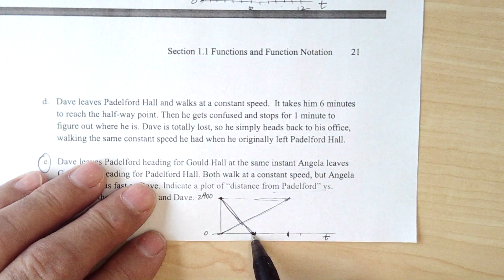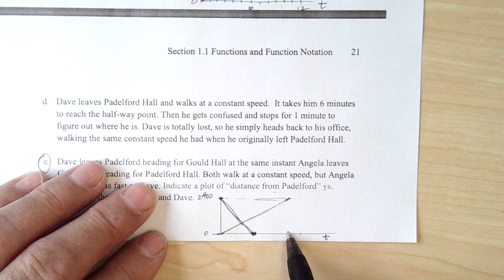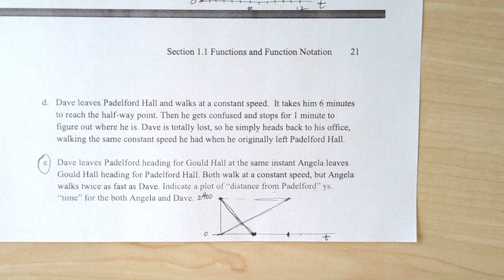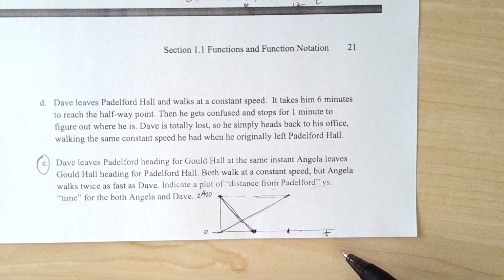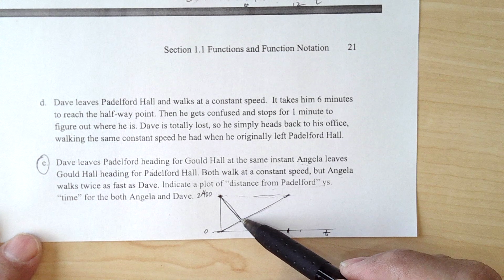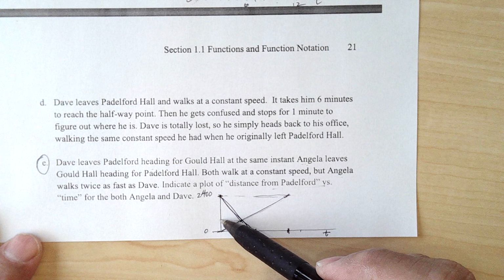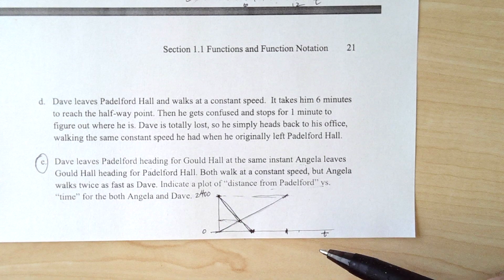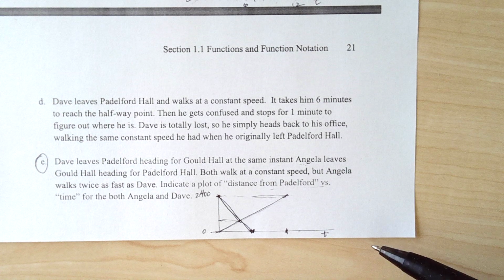If this is 12, this would be 6. If this was 24, this would be 12. This is 8, this would be 4. Half the time. So that's what the graph would look like. And where they meet is when they're both that distance from Padelford Hall. Probably somewhere around 800 feet. Okay?